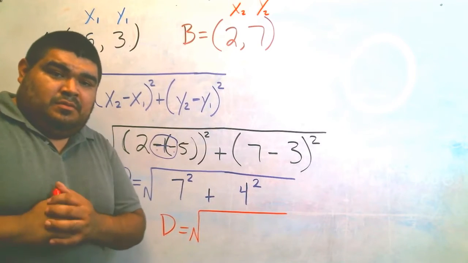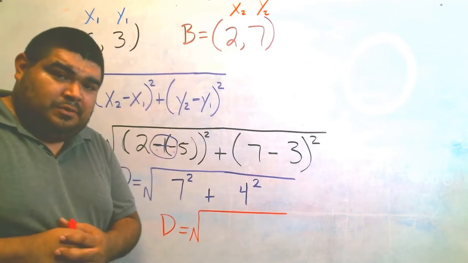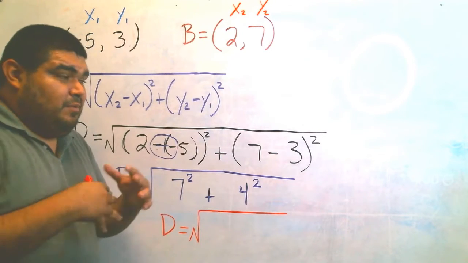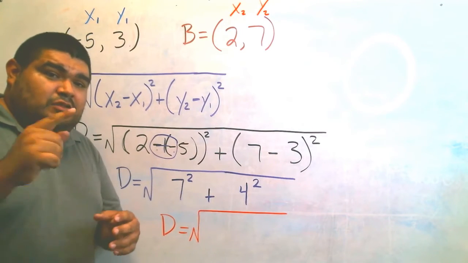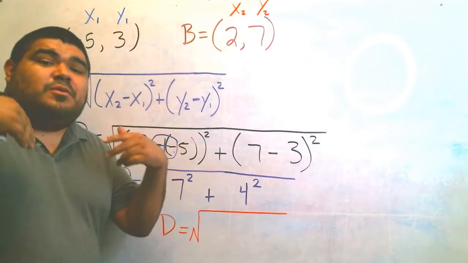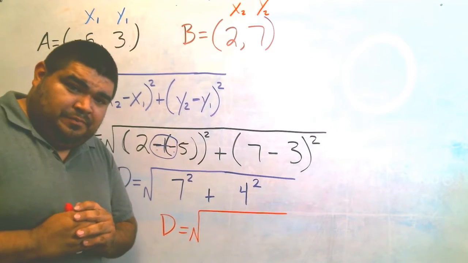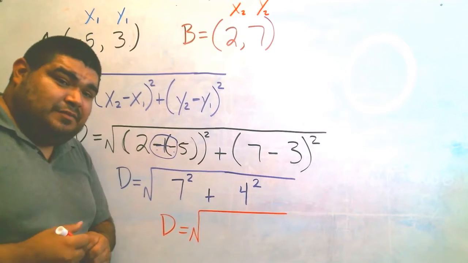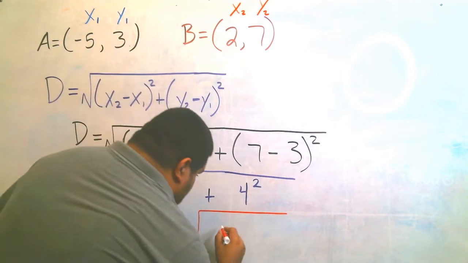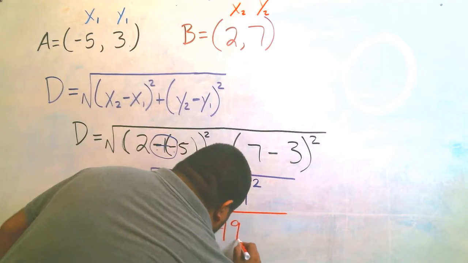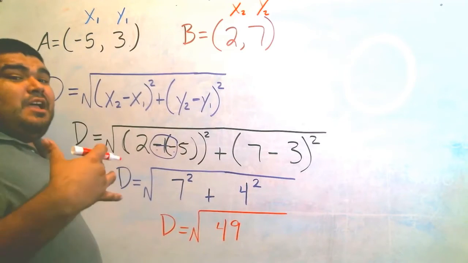Remember, one of the things we need to know are some multiplications, because a lot of our math requires that. But if you don't know it, that's fine. Go ahead and use a calculator if you need to. So 7 times 7 is 49. Remember, we keep the plus in there.